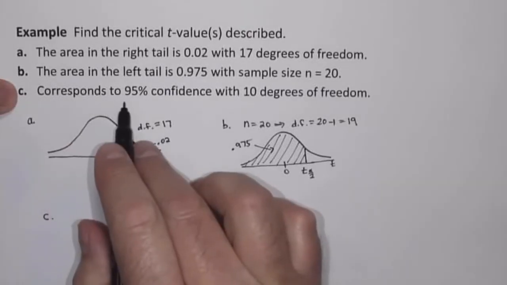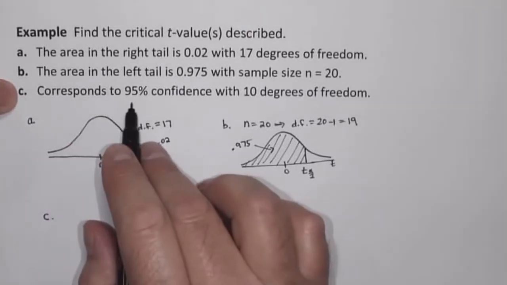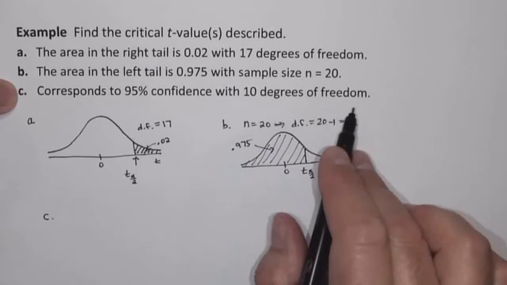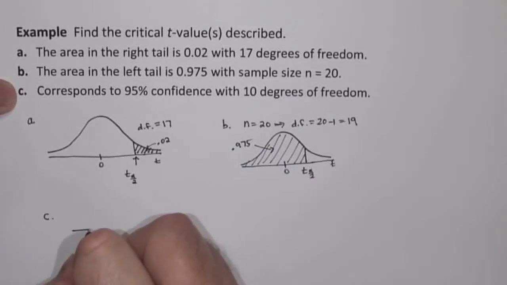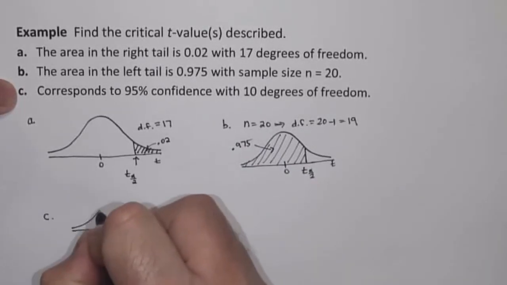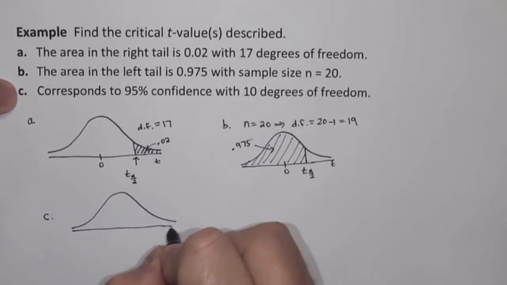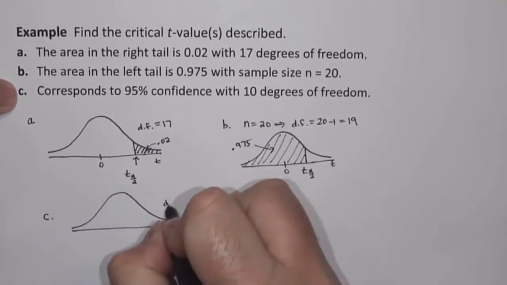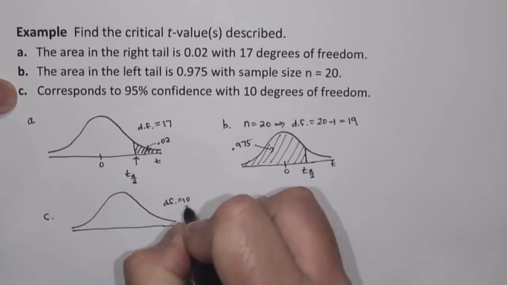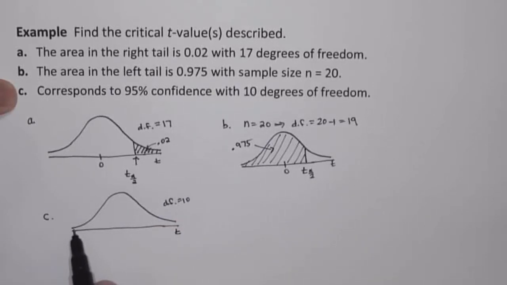For C, we're looking for the critical values that correspond to 95% confidence with 10 degrees of freedom. So again, I'm going to have yet another t-distribution. This t-distribution has 10 degrees of freedom. So that means the tails on this curve compared to the other two are a little thicker, and there's a little less area in the middle.